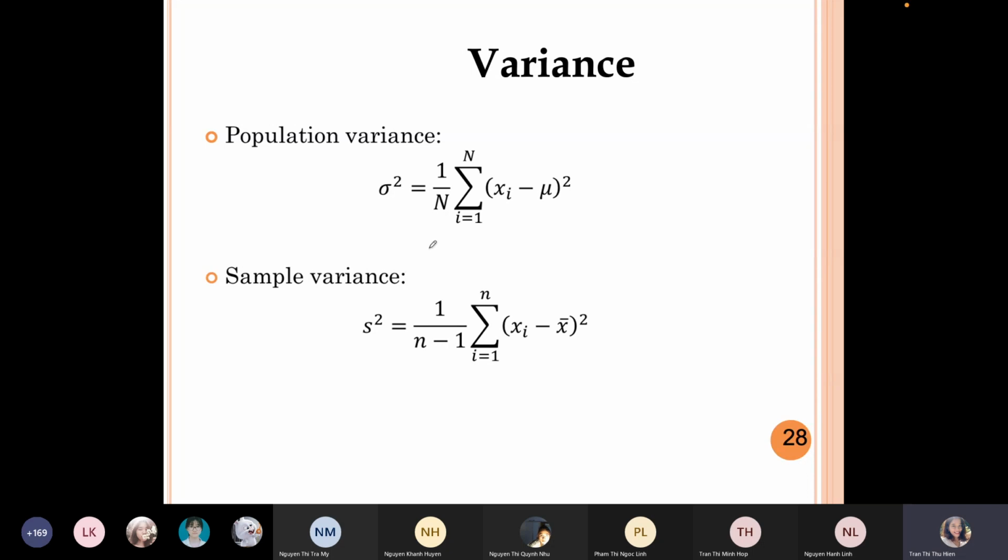Remember that the notation for population variance and the notation for sample variance is different, right?